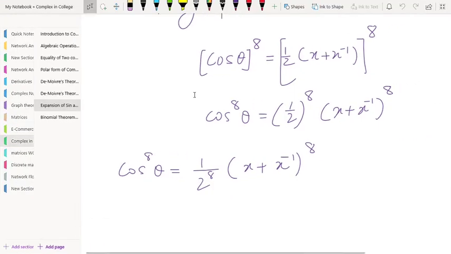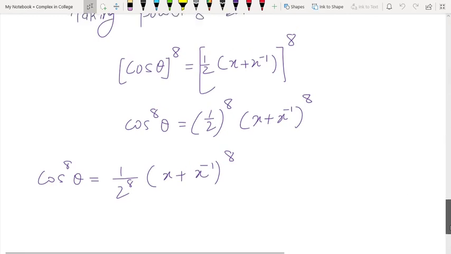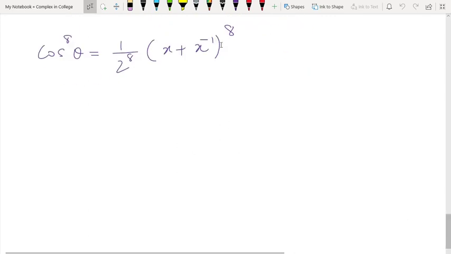Understood? So here we need to expand, that is first x plus x raised to minus 1 with that binomial concept. So we are safe here because we have the addition symbol.